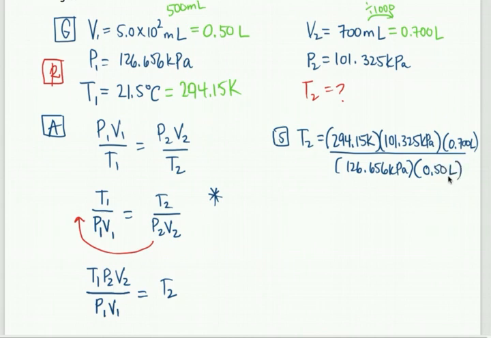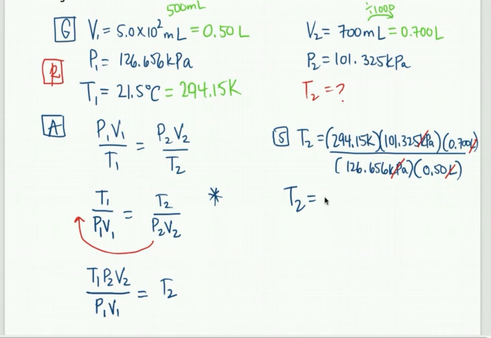Okay, so let's go through, calculate that out. And again, if you're just tired one day and you can't remember what the units for temperature are, you can go through once you stack all these up and then just cancel out the same ones, right? Kilopascal, liters. Oh yeah, temperature should be kelvins.